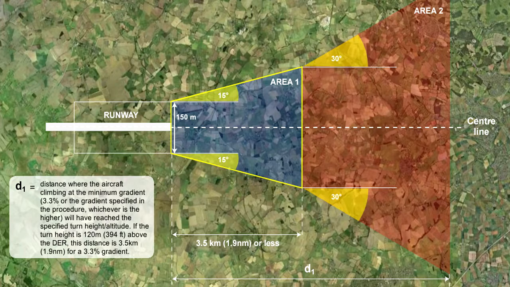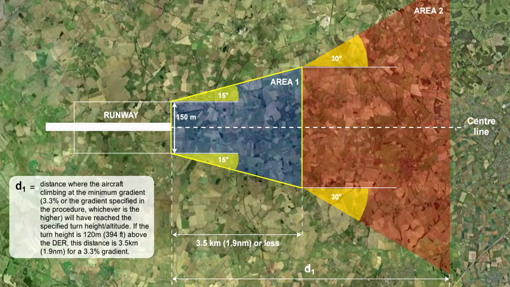But what defines the lateral extent of the MOC footprint? The footprint leaves the DER 75 metres either side of the extended centerline and splays away at 15 degrees. That is, if you recall, because track adjustments to 15 degrees are allowed. The length of Area 1 will usually be 3.5 kilometres.